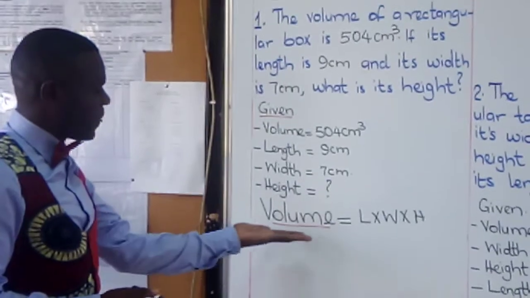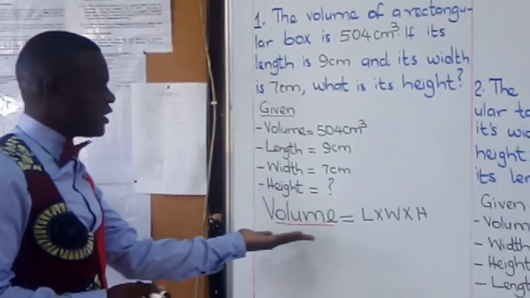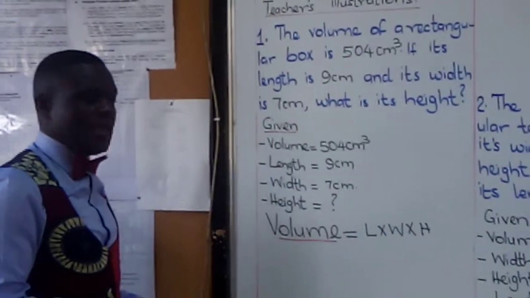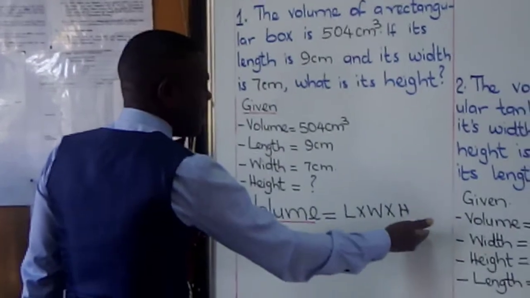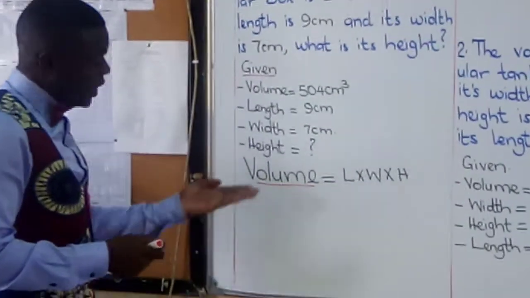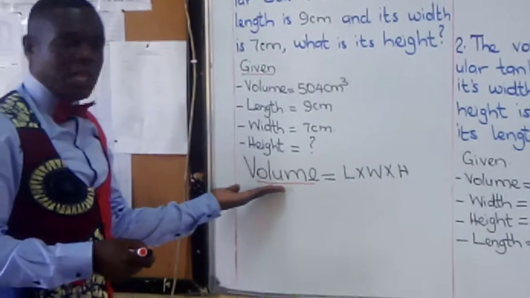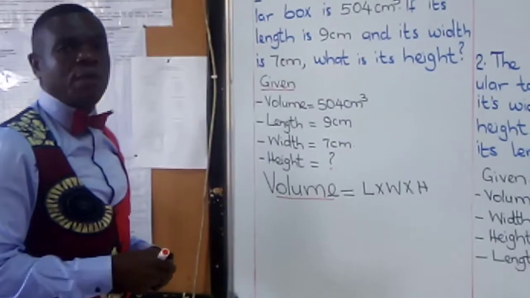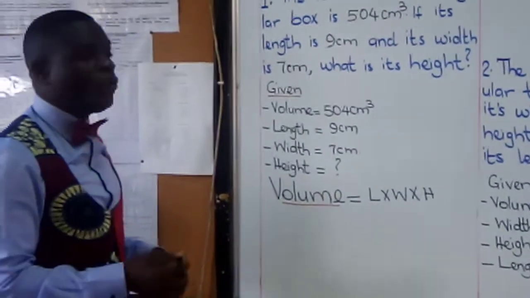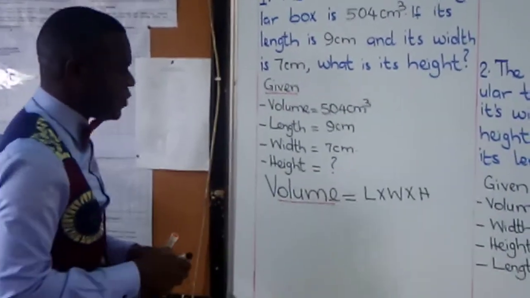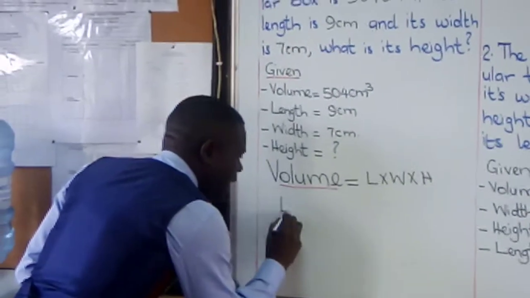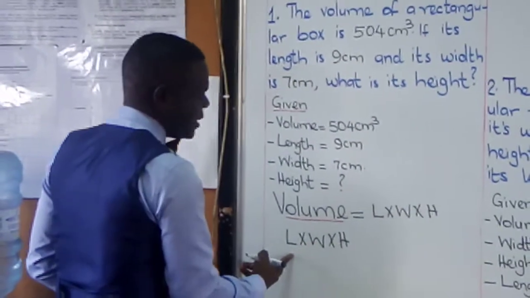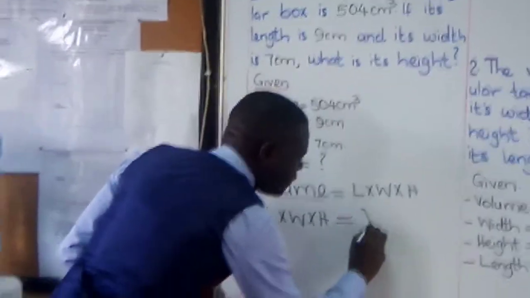In a formula, what we are finding must be on the left-hand side of the equal sign. Here, volume is on the left-hand side, yet it is not what we are being asked to find. And so we interchange so that we make length times width times height the subject, then we equate it to volume.